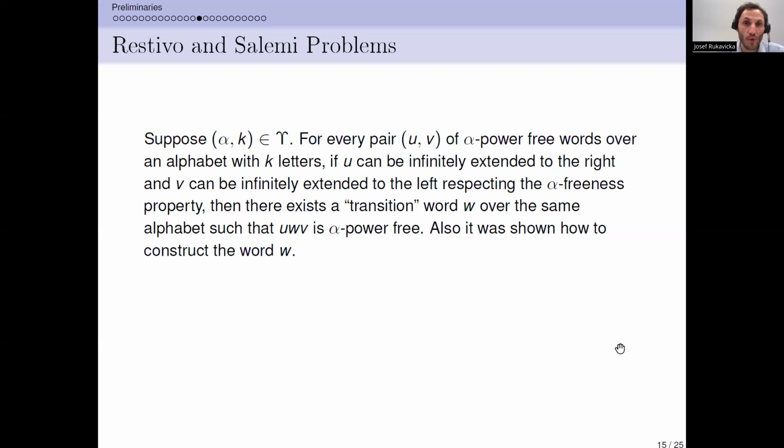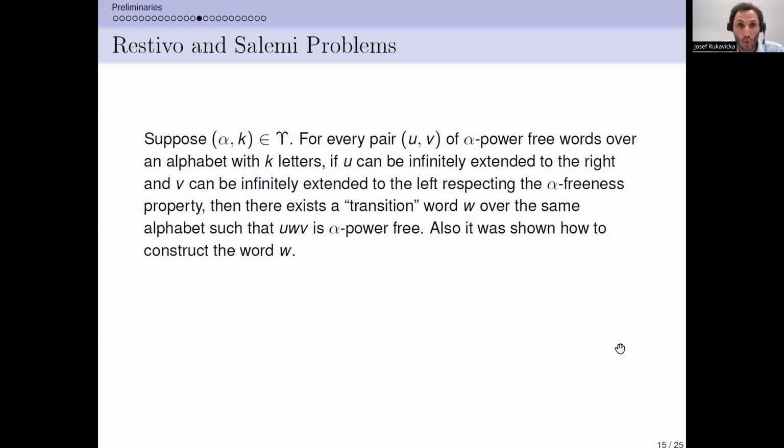As I said, in the spirit of the result of Petrova and Shur, I presented the following result. Given a configuration from the set upsilon, this combination of alpha and k, for every pair u and v of alpha power 3 words over an alphabet with k letters, if u can be infinitely extended to the right and v can be infinitely extended to the left, respecting the alpha power freeness property, then there exists a transition word w over the same alphabet such that u w v is alpha power 3.